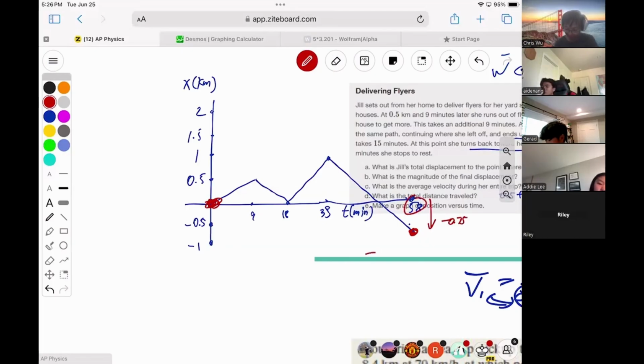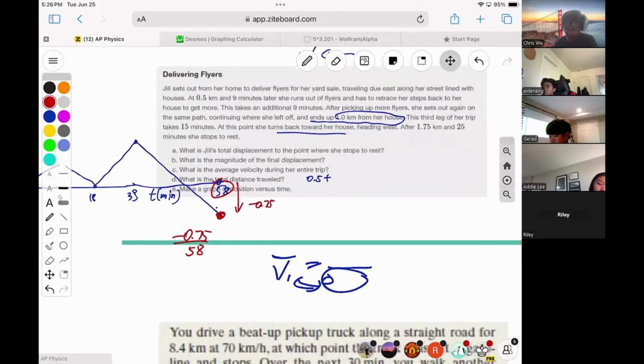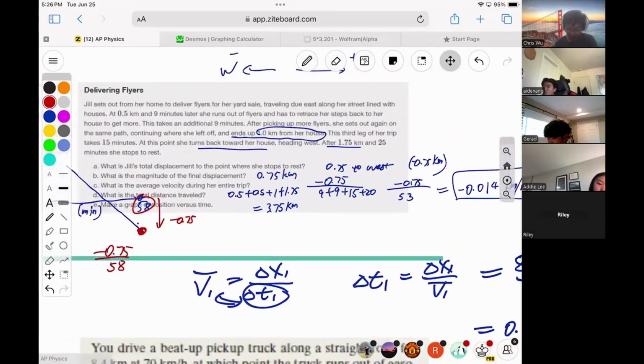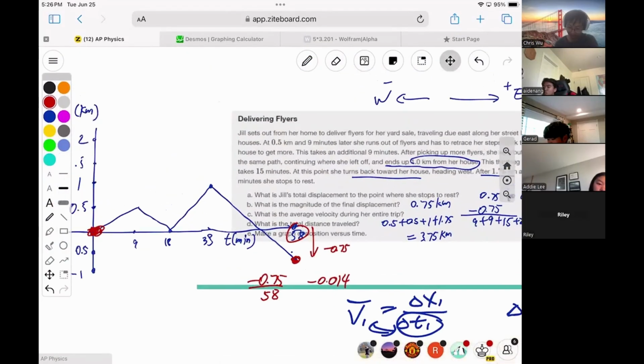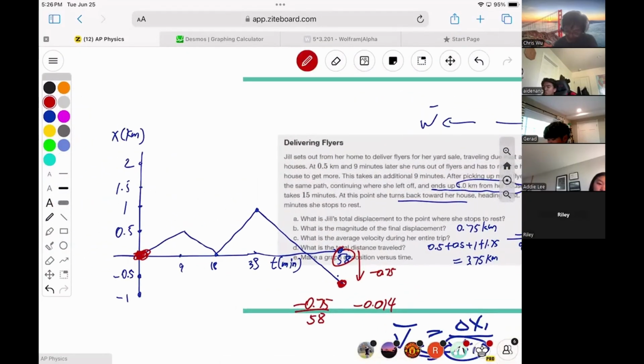So if I divide negative 0.75 by 58, I think I got a number on that, right? That's, yeah, negative 0.014 kilometers per minute, right? But how does that show up on the graph? That is the decline slope.